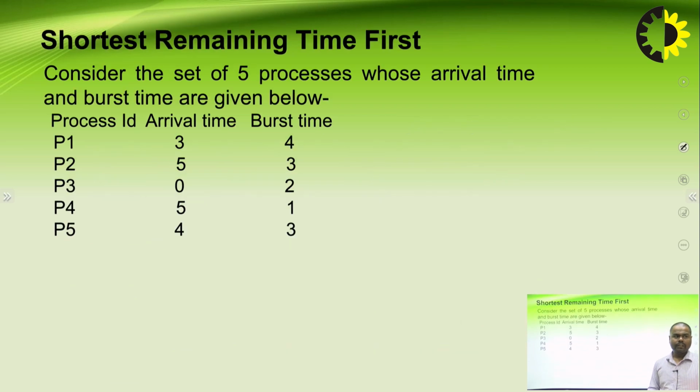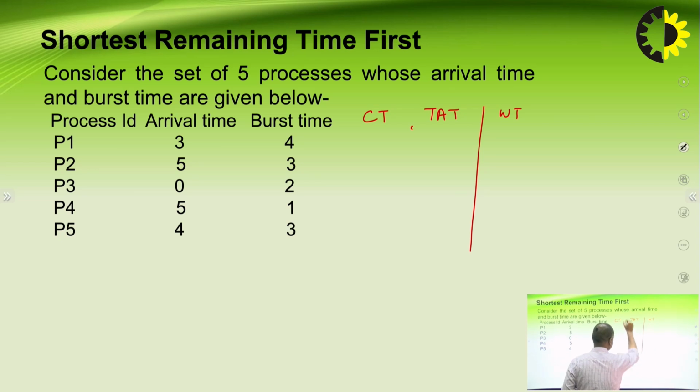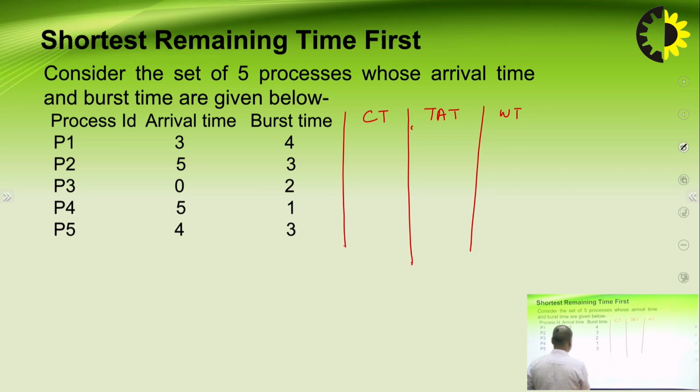That is the disadvantage. For that, we have taken the numerical for SRTF, and we are checking it in the preemptive way. So for that, completion time, turnaround time, and waiting time. Okay, now the Gantt chart.